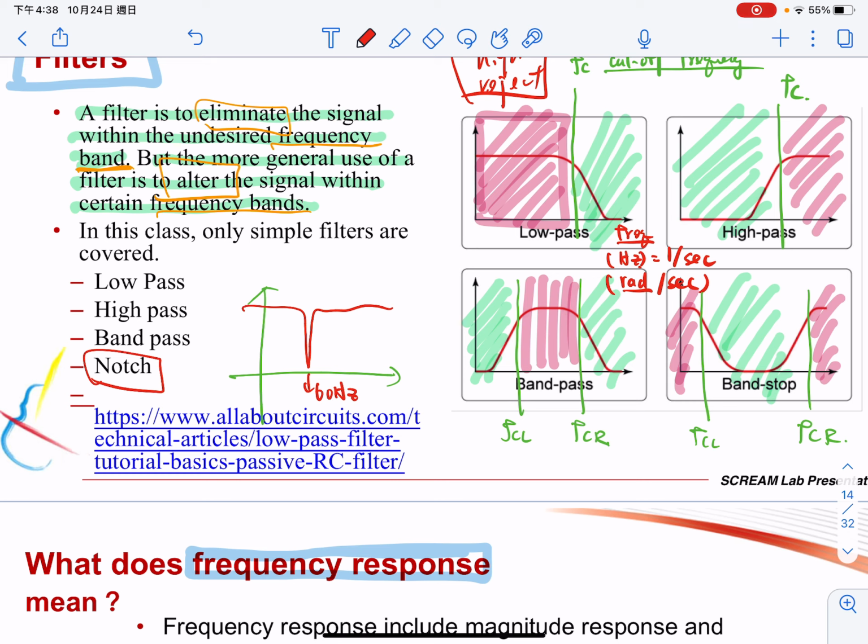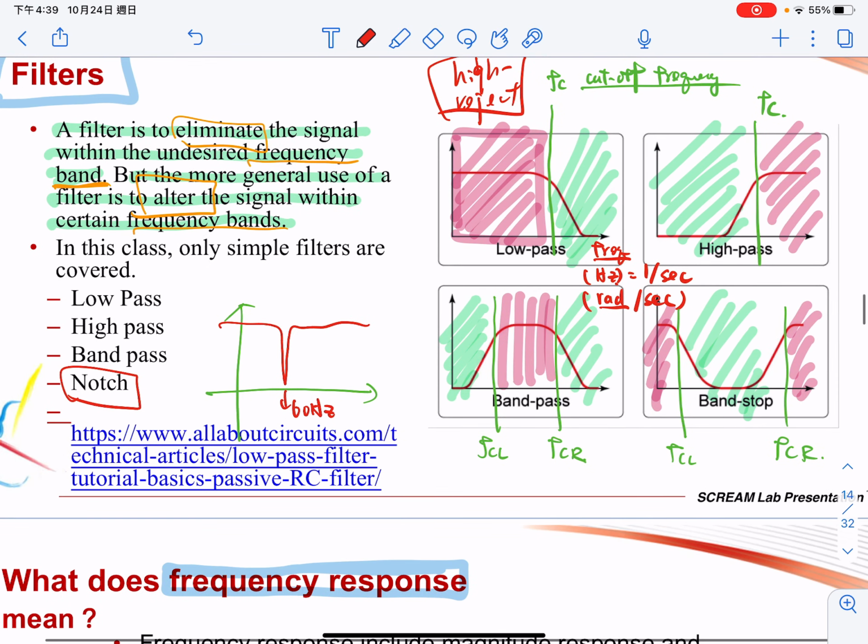It just tries to eliminate a specific frequency signal. So this is what we call the notch filter. In this semester, we will teach you how to use the operational amplifier to implement very simple filters, especially low pass filter and high pass filter.